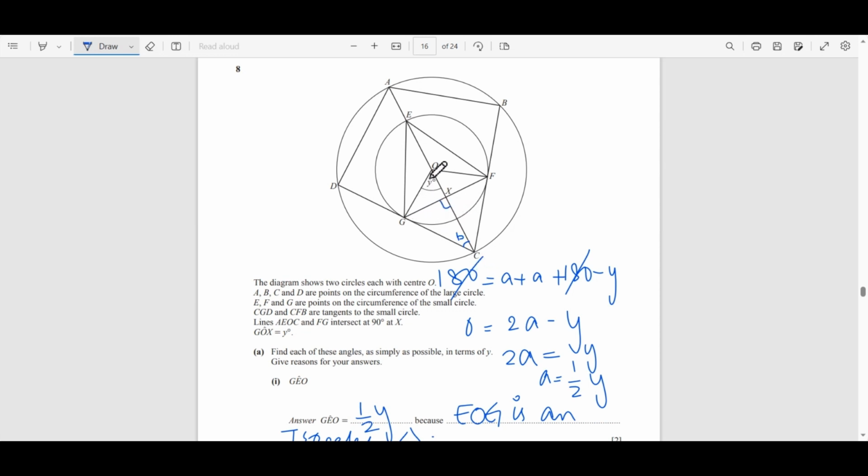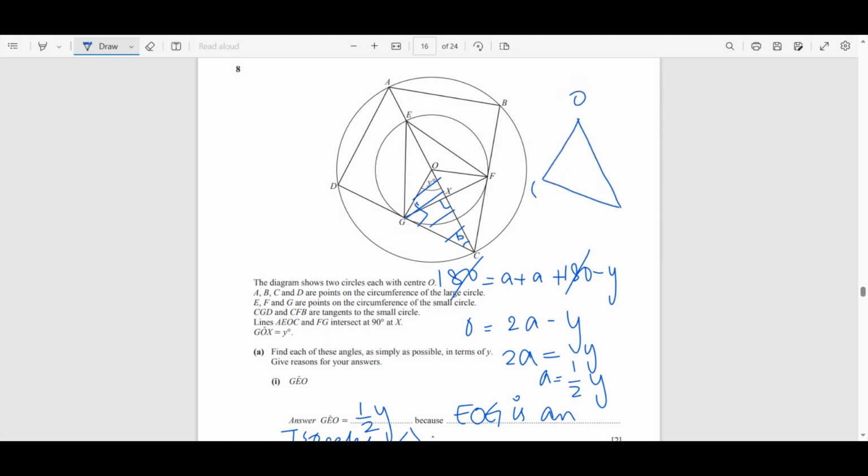I think choosing triangle OGC is a better choice because this is pretty obvious that this angle OGC is 90, and the reason for this being 90 is that the line CGD is a tangent to the smaller circle. So OG is the radius on the tangent line CGD, right? So it has to be 90 degrees. So I'm going to take up this triangle, right? Let me just redraw this triangle so it's easier for you to understand.